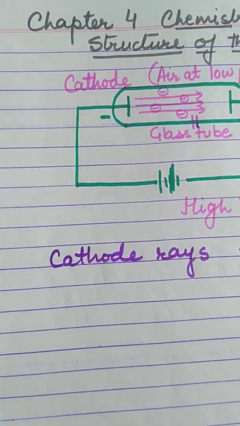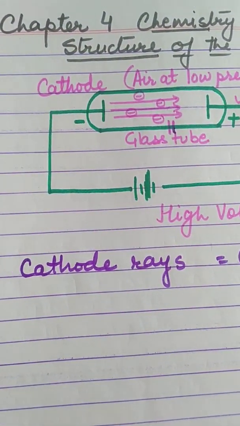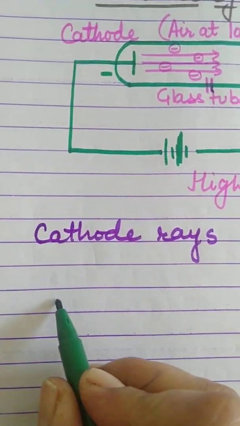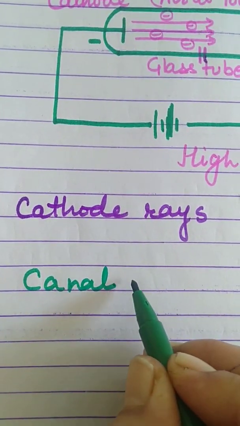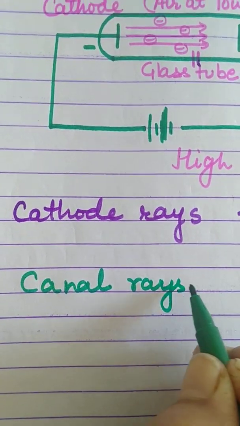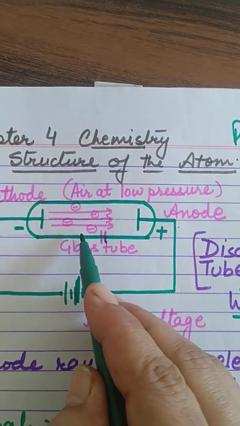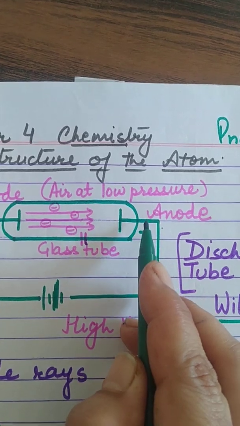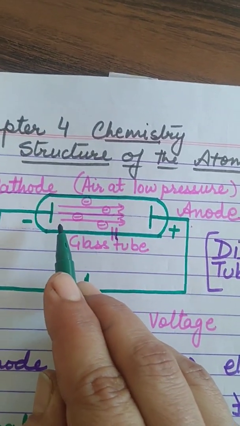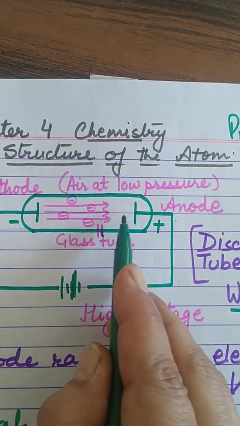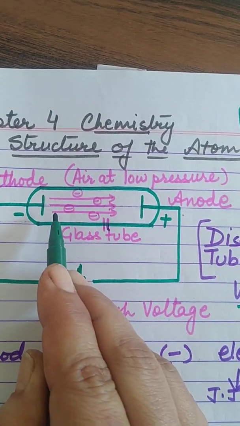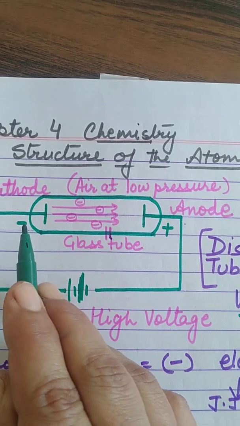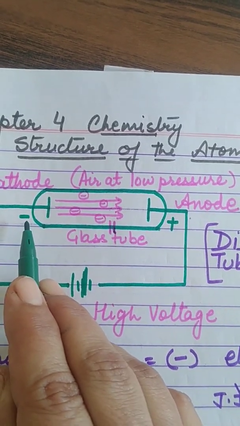Then another experiment was conducted, the same experiment, but this time the rays shifted from positive to negative terminal. So the rays are moving this side, it means the charge of the ray is positive and it is moving towards negative.